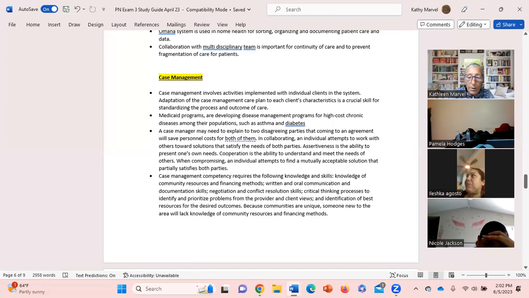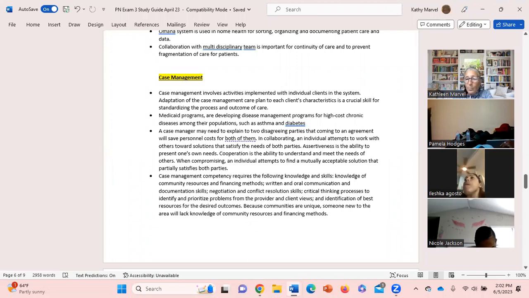Case management competency: if you're going to practice in case management, you need to have knowledge of community resources and financing. You need to have excellent written and oral communication skills, documentation skills, negotiation, and conflict resolution. You might be working with insurance companies. Critical thinking, being able to prioritize a patient with multiple comorbidities and what they might need.